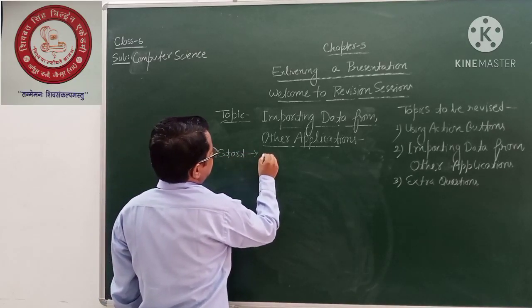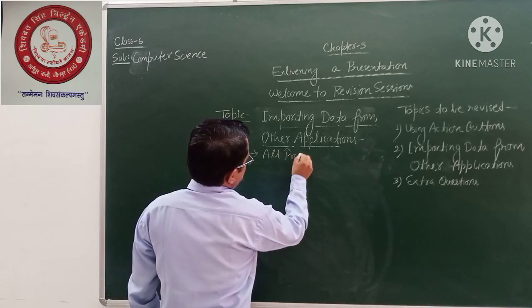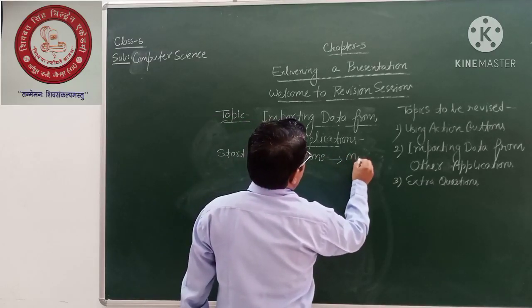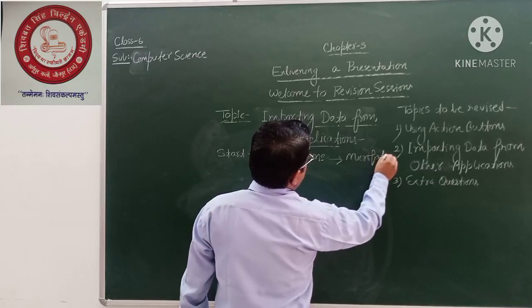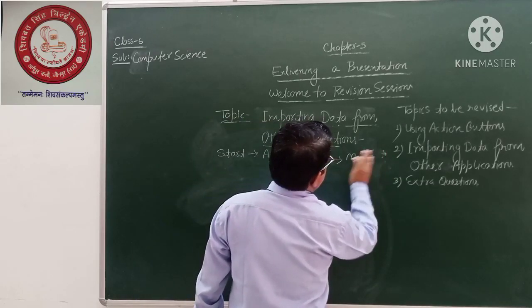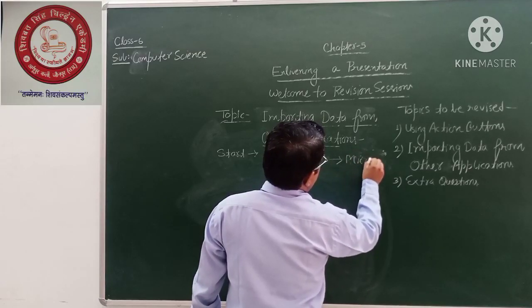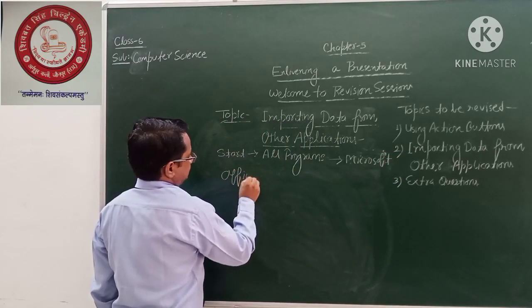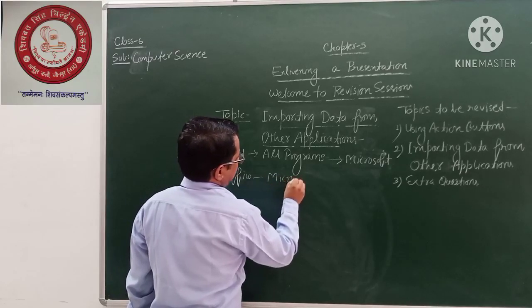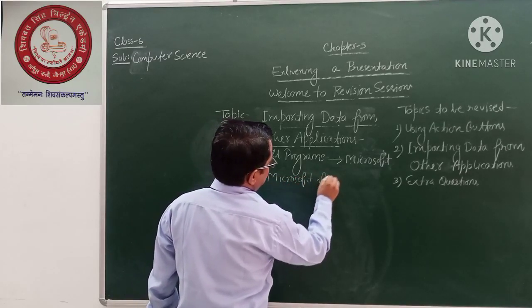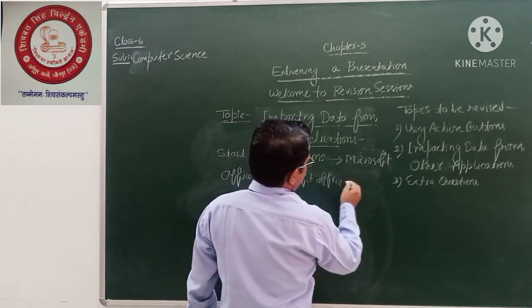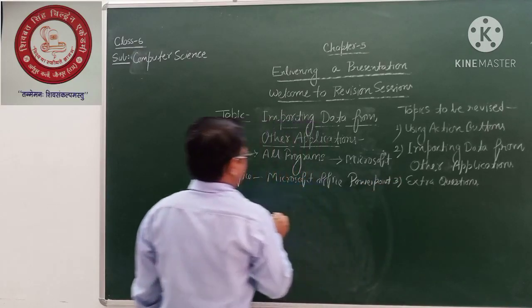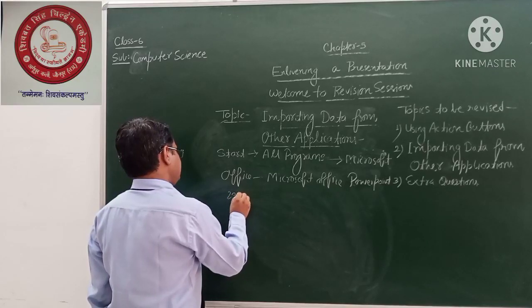Click on Start, then All Programs, then Microsoft Office, and the last step, Microsoft Office PowerPoint 2007.